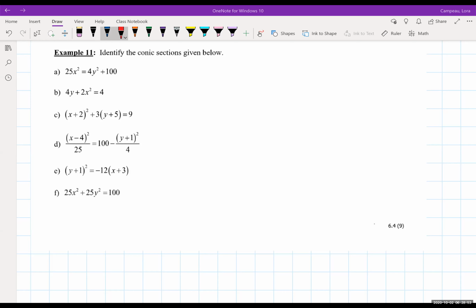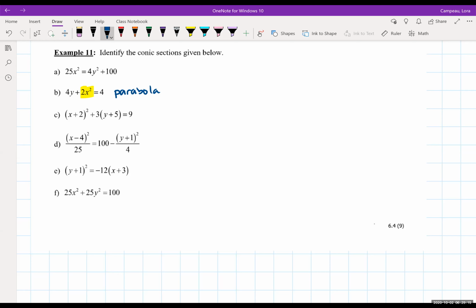If I look at part B, right away, I only see the x squared. So I can automatically identify that first. So parabola. You know, a bonus if you want to talk about horizontal or vertical parabola. But right now, all they want you to figure out is which of the four.